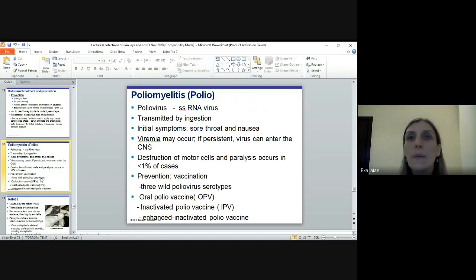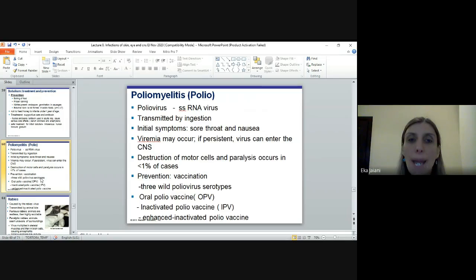There were a few cases of vaccine-associated poliomyelitis, but in general, developed countries are free of poliovirus infections. And we see polio infections in a few countries like Pakistan, Afghanistan, Ethiopia, as I remember.